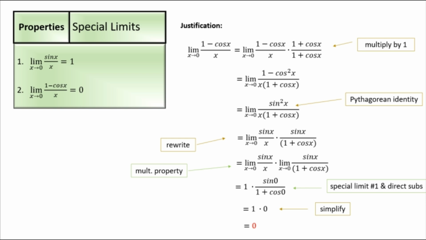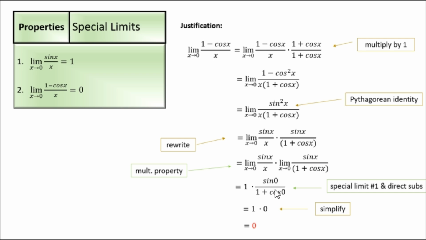Oh, great. So what happens is we did some algebraic maneuver to elicit the sine x over x expression from this. That involves multiplying by 1, and then some manipulations, algebraic and trigonometric identities, are used here.